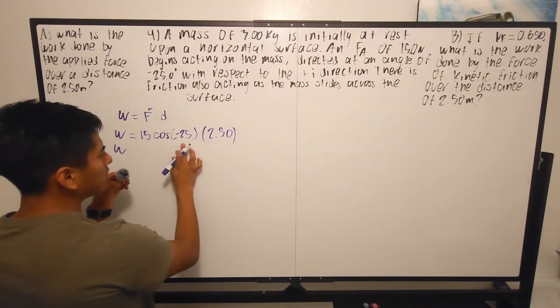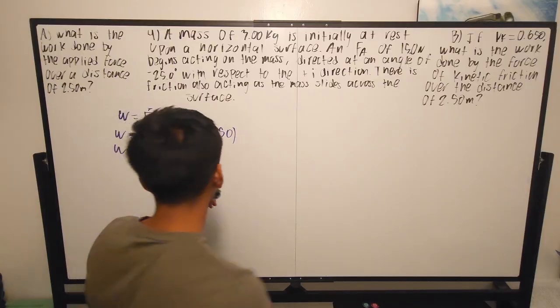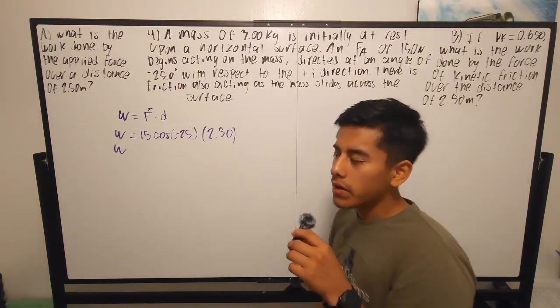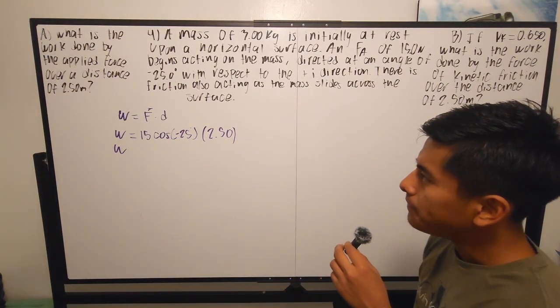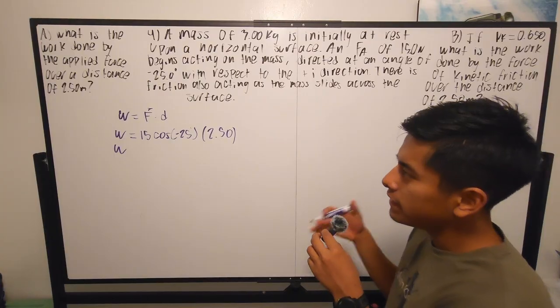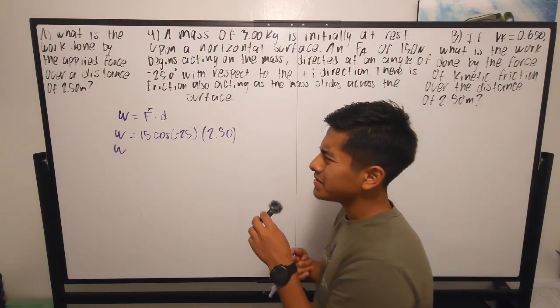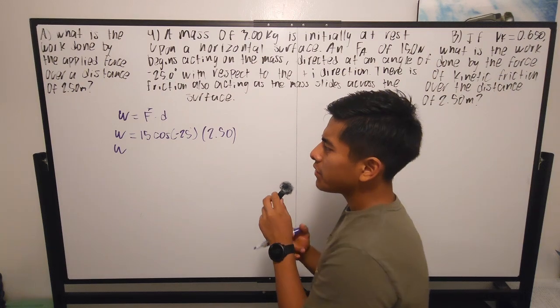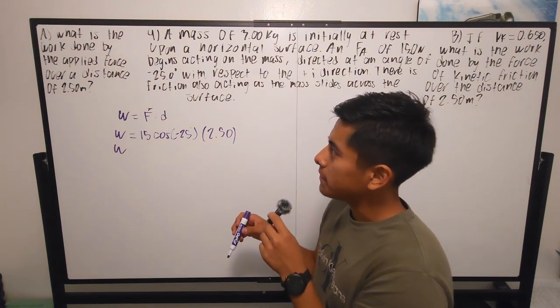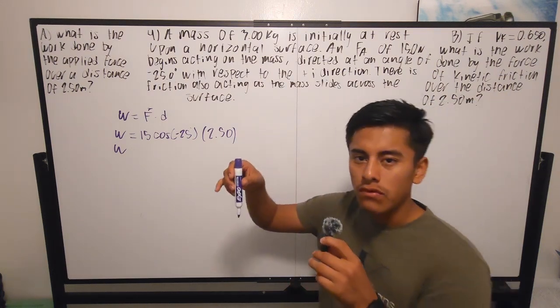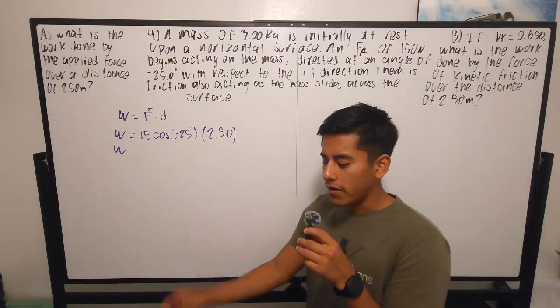And I'm doing cosine of negative 25 degrees because we only care about the horizontal component of this applied force in this part. We don't care about the vertical component because the mass is not going to be moving up or down. It's just going to be moving left or right.